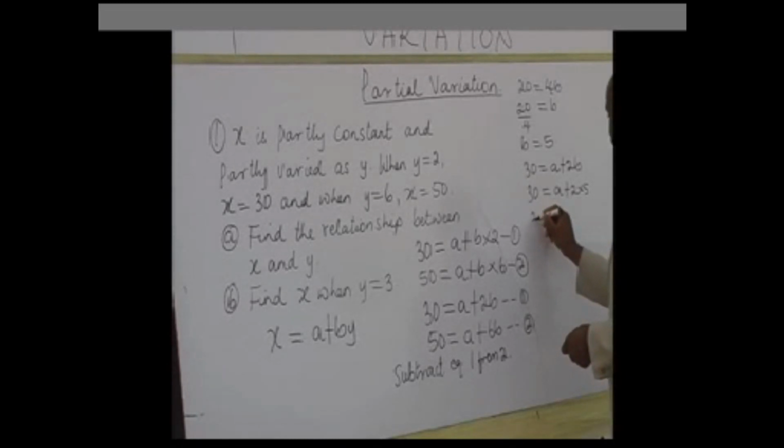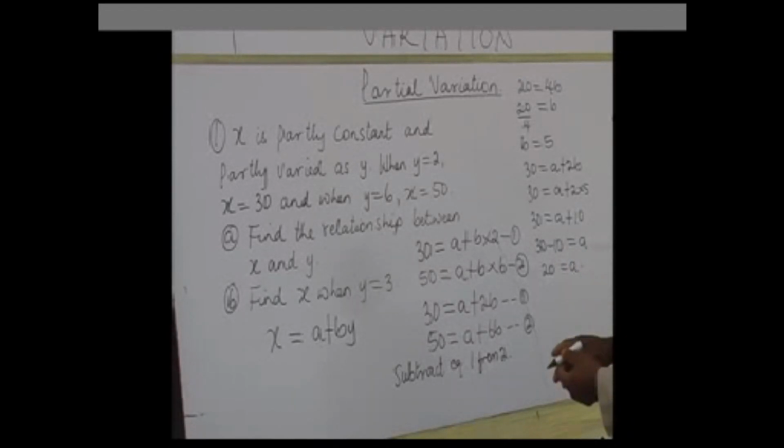So 30 is equal to A plus 10. If we subtract 10 from both sides, you'll be left with only A on the right-hand side. So 30 minus 10 is equal to A. 30 minus 10 will give you 20. That means A is 20.